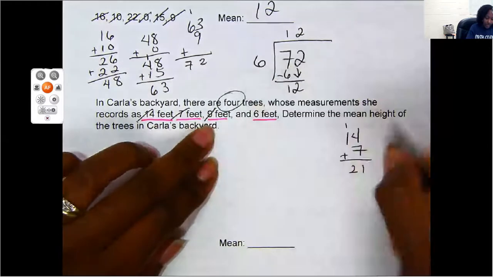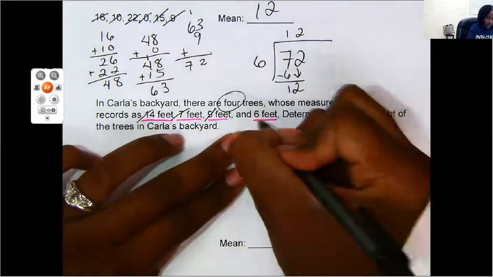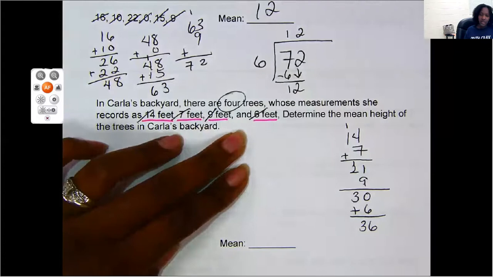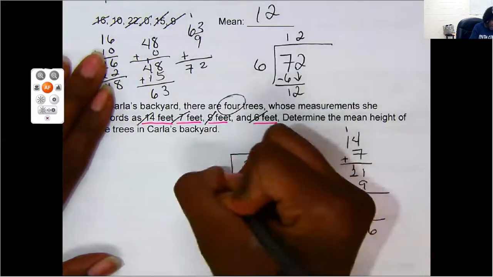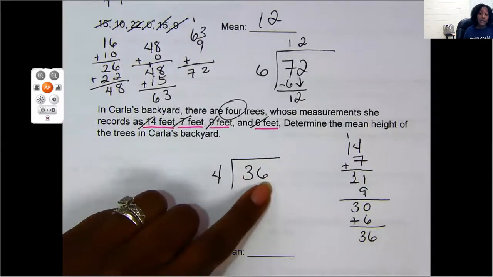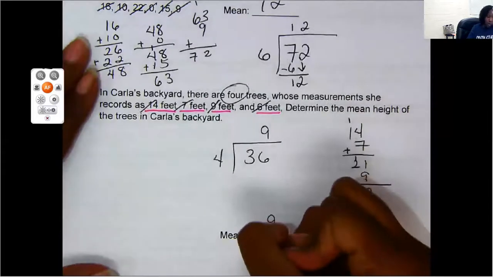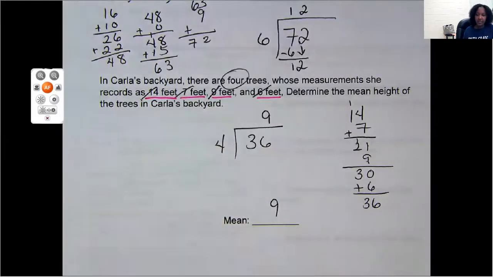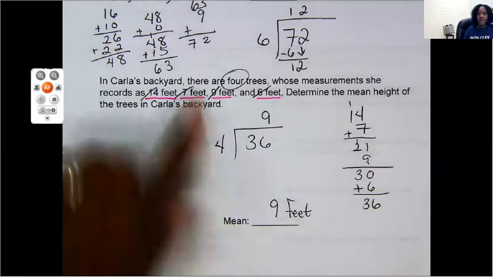Then we have a 9 to put into there, which gives 30, and then we have a 6 to add to that. So we have 36, and we need to divide that by 4 because we have 4 pieces of data. 4 will not go into 3, but it will go into 36 9 times. So our mean or our average of these numbers is 9. Let's label it 9 feet because they did give us a label here.